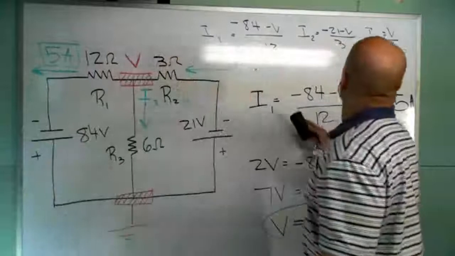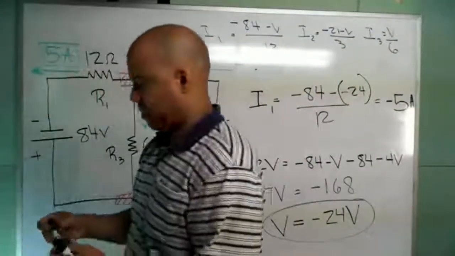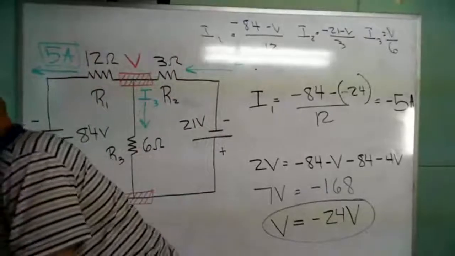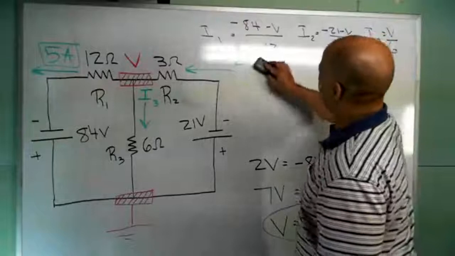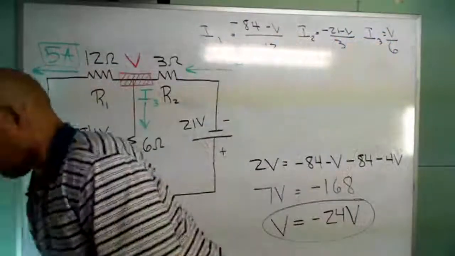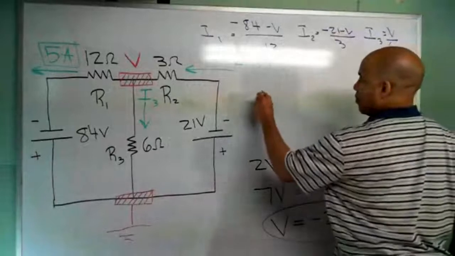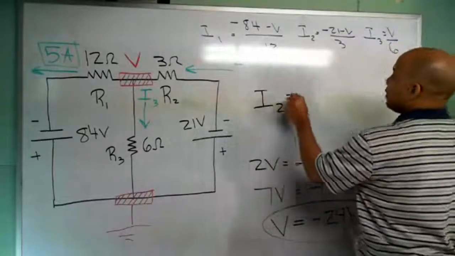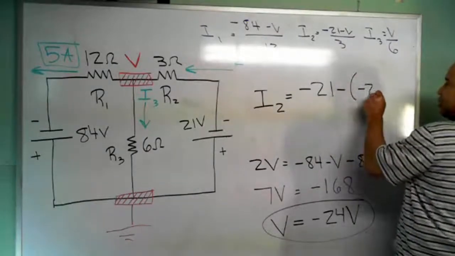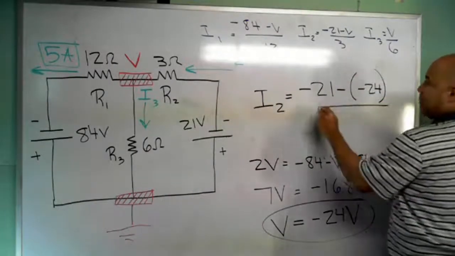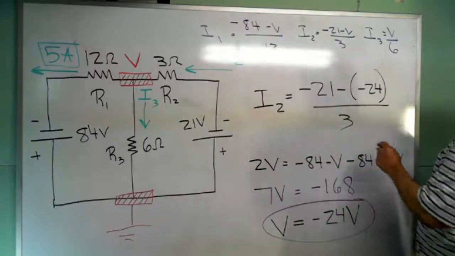Now you do the same thing for I2 and for I3. See what you get for that. You get I2 is minus 21 minus 24 divided by 3, and that's going to be 1 amp, right?